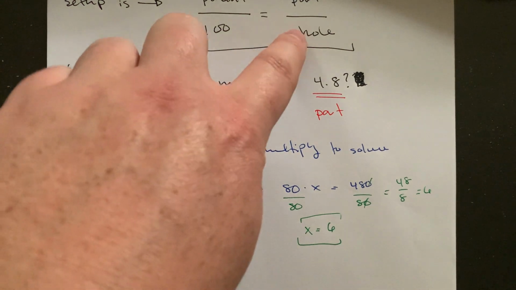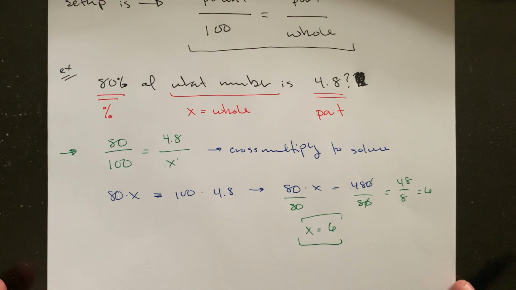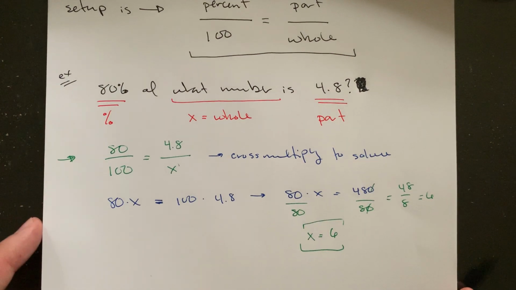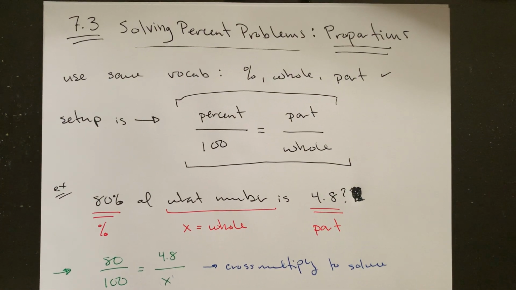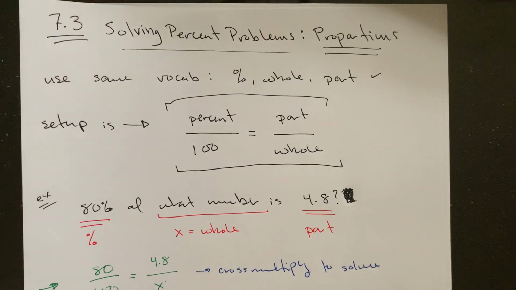If you cross multiply the whole over here, you just end up with the equation setup. So in some senses, these are really just two different ways of approaching the same equation. It's all about perspective and which of these setups makes the most sense to you.